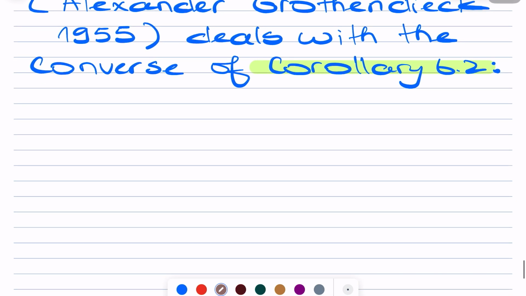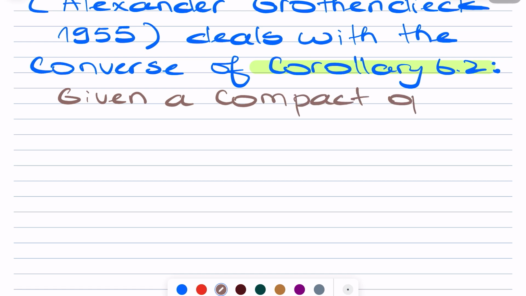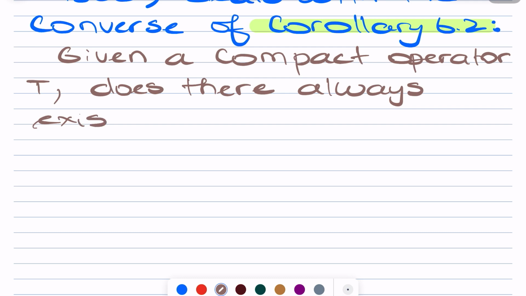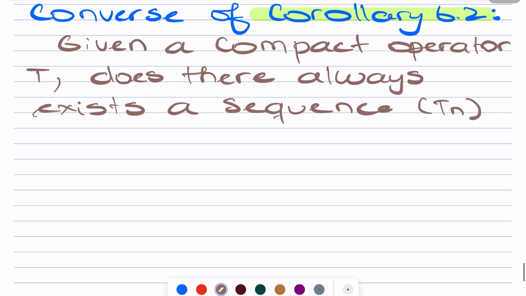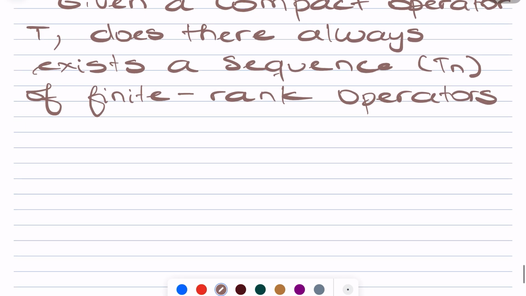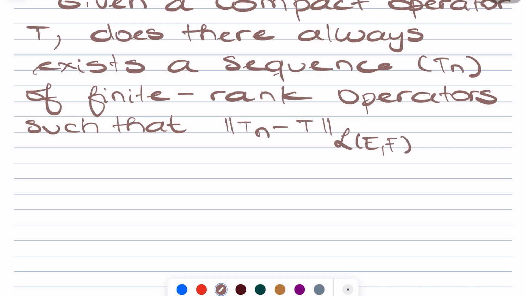The problem is: given a compact operator T, does there always exist a sequence Tn of finite rank operators such that the sequence of finite rank operators converges in operator norm to T, meaning the norm of Tn minus T goes to 0?